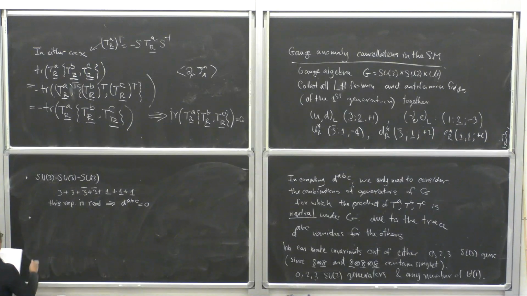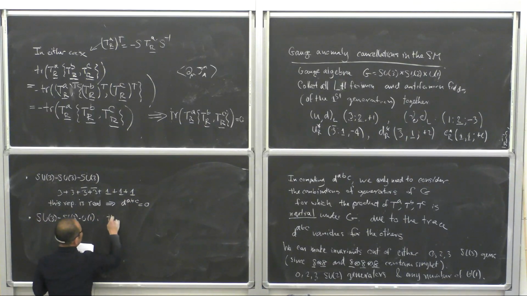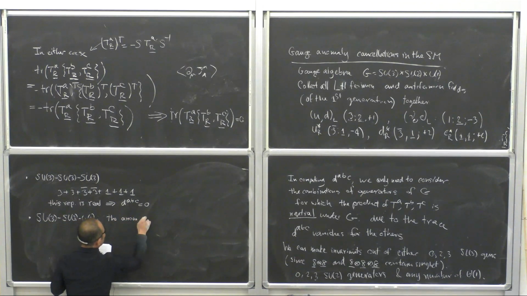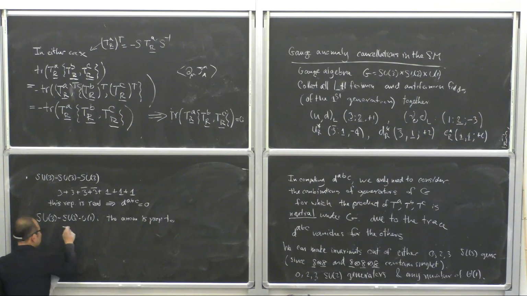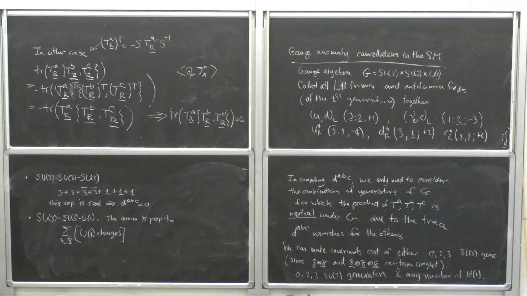Now let's look at the second one, SU3, SU3, U1. The anomaly is proportional to the sum over anything that transforms under 3 and 3 bar, and then you sum over U1 charges. Is it clear? Because you put one generator being the charge now, it's a U1, right?